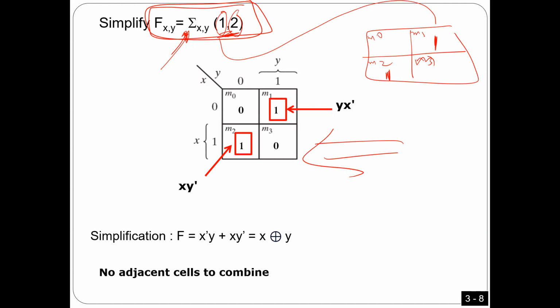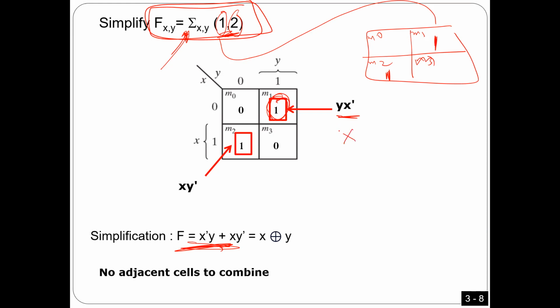You told me that in order to get a correct function, I have to cover all ones. That's true. So in this case, I decided to make this one a group, and this one should be yx prime. So don't be confused.